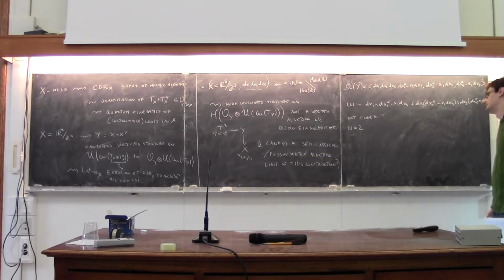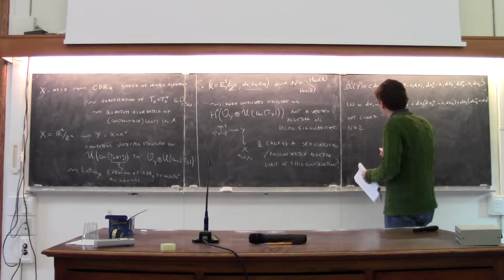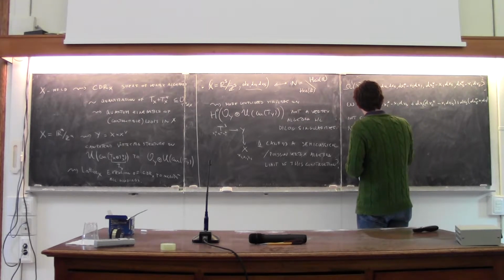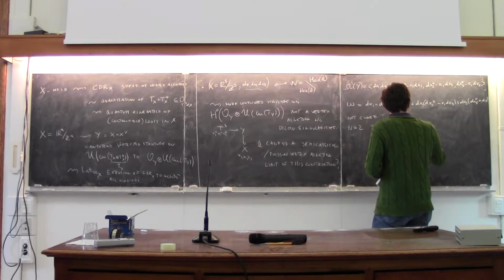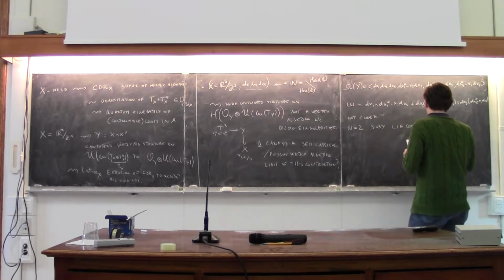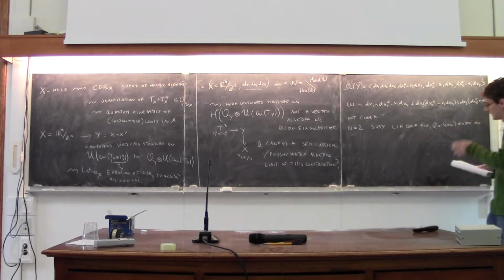This one. So N equals 2 supersymmetric objects, particularly conformal algebras, and Poisson vertex algebras, and so on.